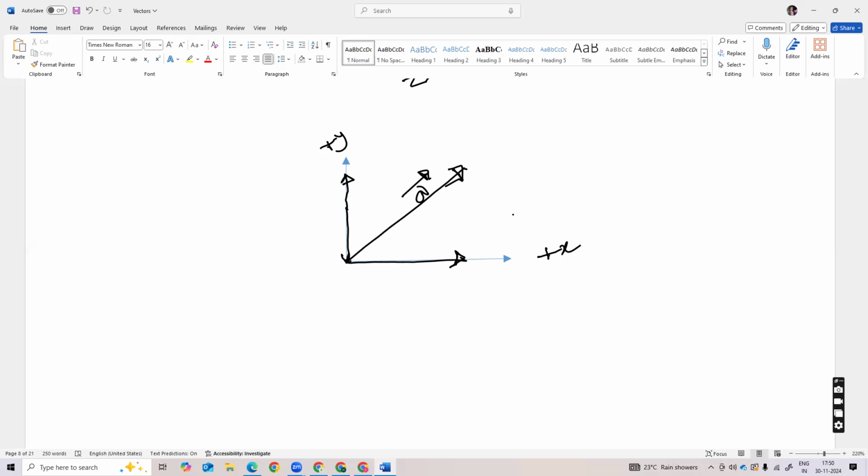This is the resolution of a in y direction, and this is the resolution of a in x direction.